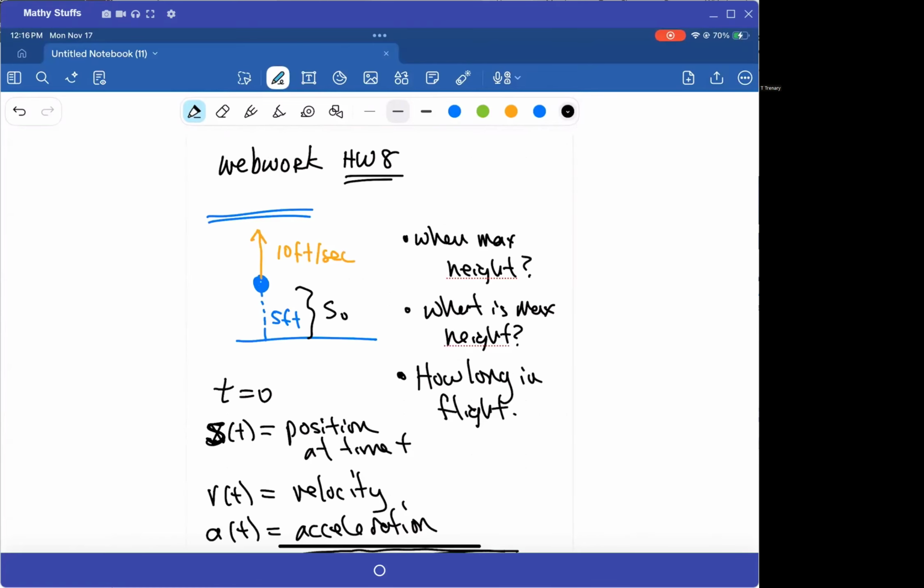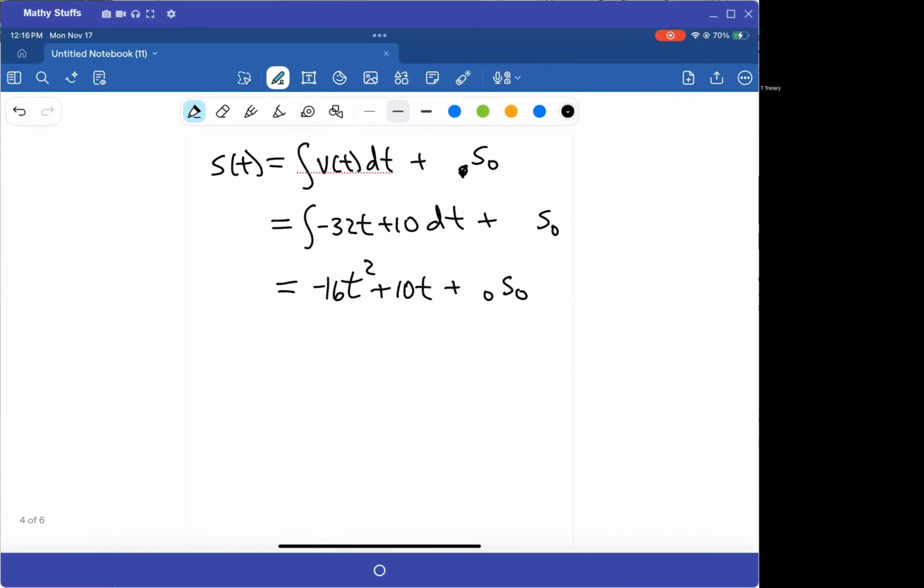So this was S naught. This was V naught up here. All right, so our position function is therefore negative 16t squared plus 10t plus 5.